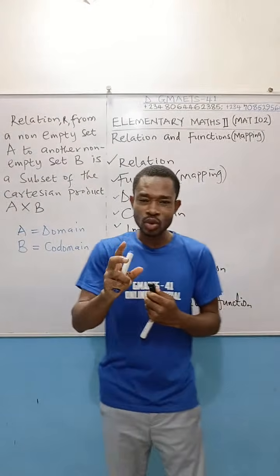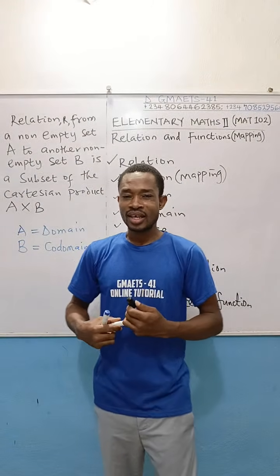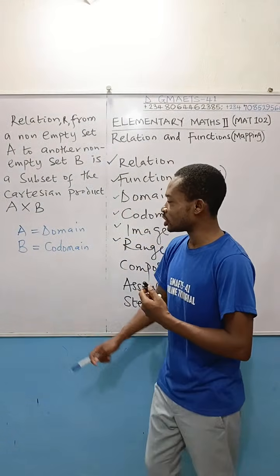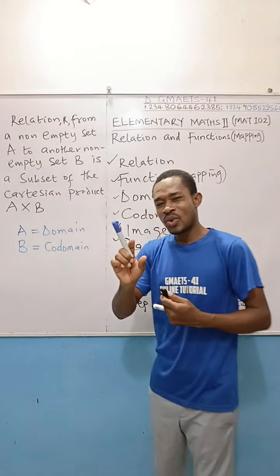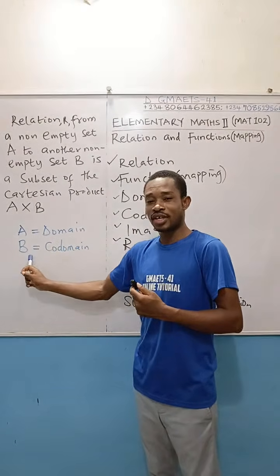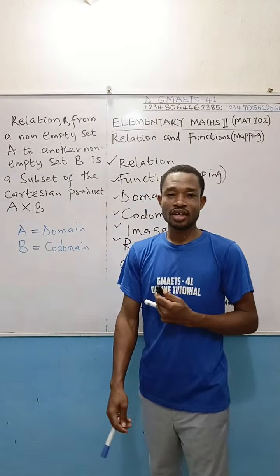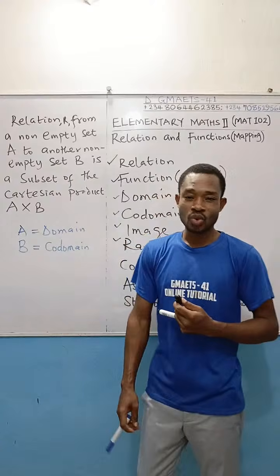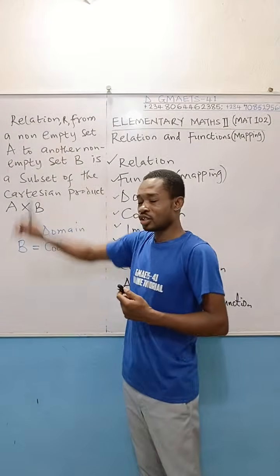What usually happens whenever you are studying mapping is that you try to find the relationship between A and B, whereby you look at a situation whereby A produces some elements in B or all the elements in B. Once again, you are dealing with relation.